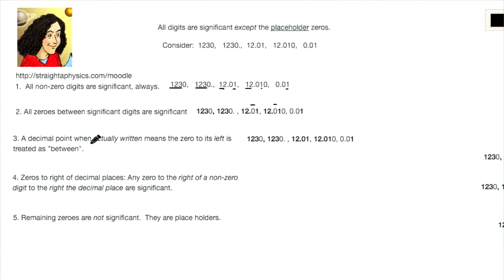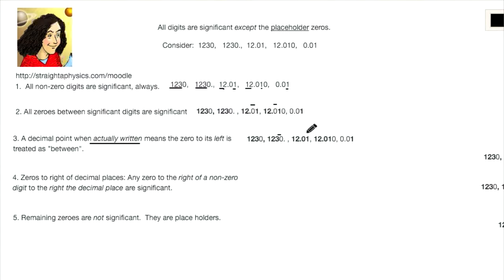The decimal point, if it's actually written, means that the 0 to its left is treated as in between, and that applies to all zeros to its left. My example only has 1, but here we have 1, 2, 3, 0. There's no decimal point written, so this one does not get promoted. 1, 2, 3, 0. Notice the decimal point here. That means this one's significant, and any zeros to the left of that would be significant.